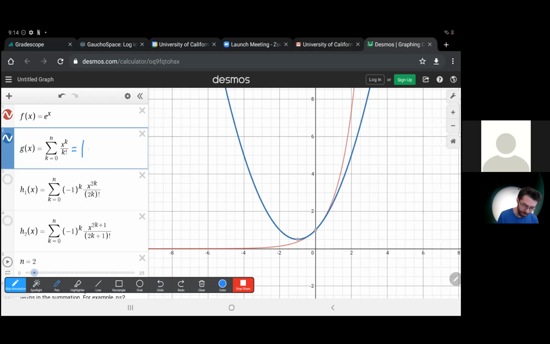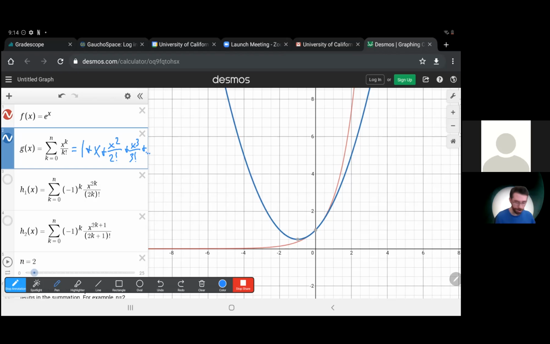Okay, so the first term is 1. Second term, if I set k equal to 1, so I'm just incrementing k, would be x to the 1 over 1 factorial, so that's x. Then I would get x to the 2 over 2 factorial, and then x to the 3 over 3 factorial. And it would keep going.